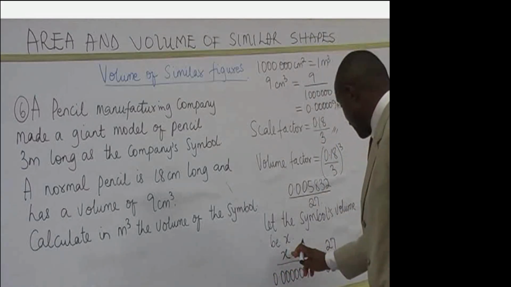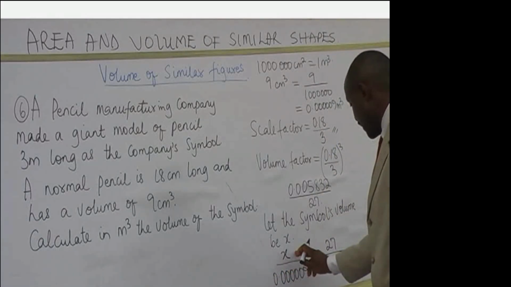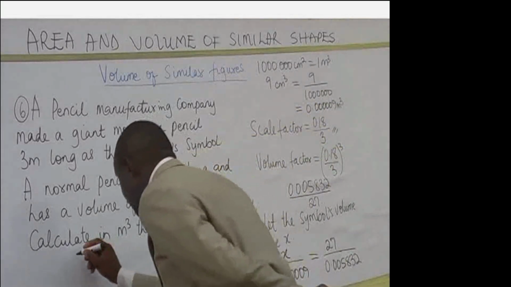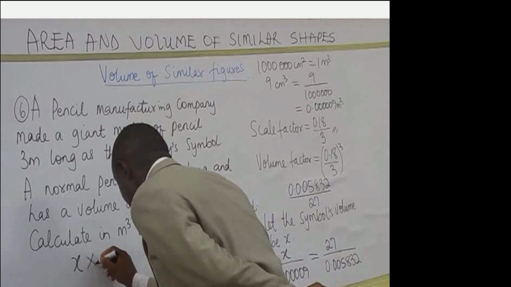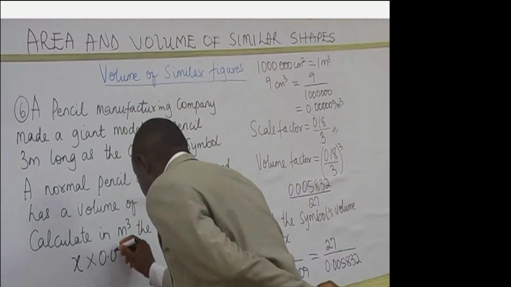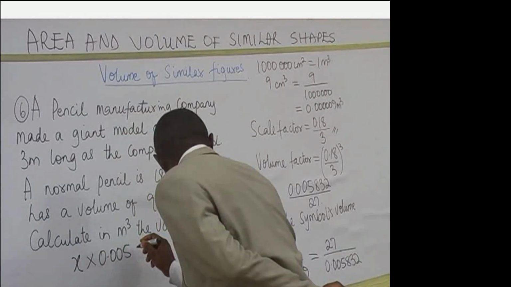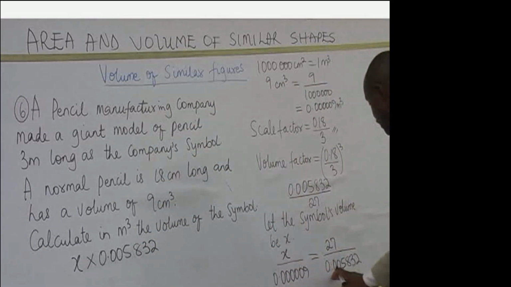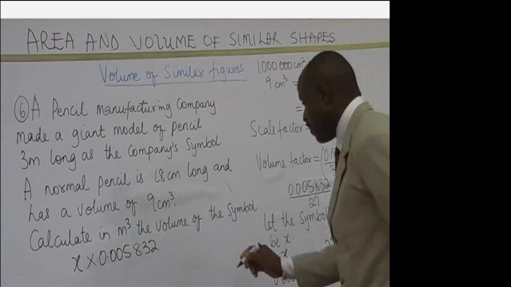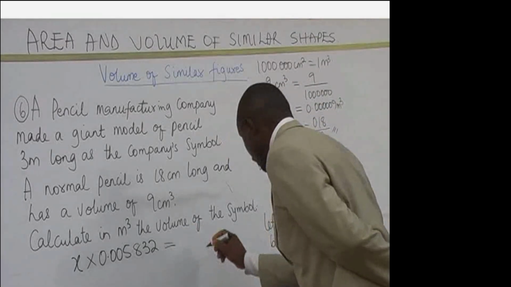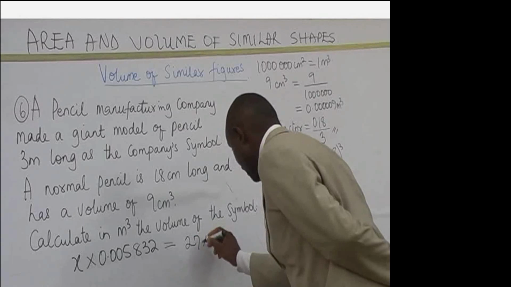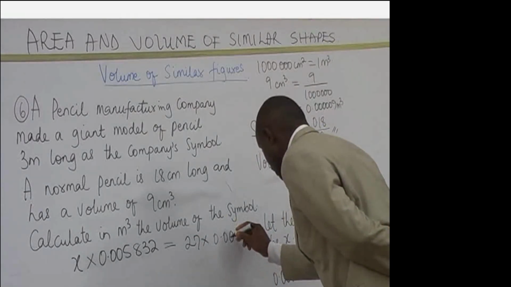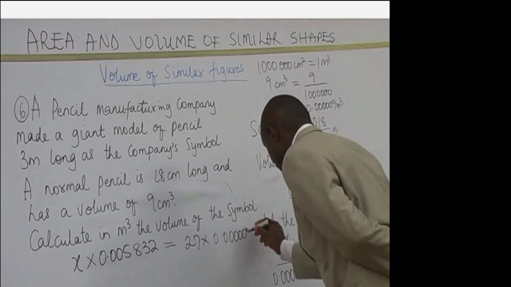If you cross multiply now, you discover that x will multiply this figure. You are going to have x times 0.005832. X times this will now be equal to 27 times 0.000009.